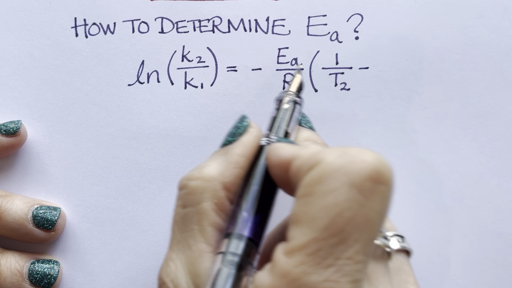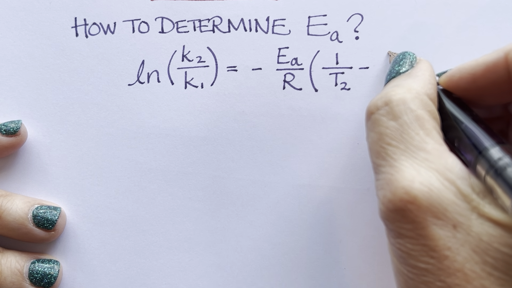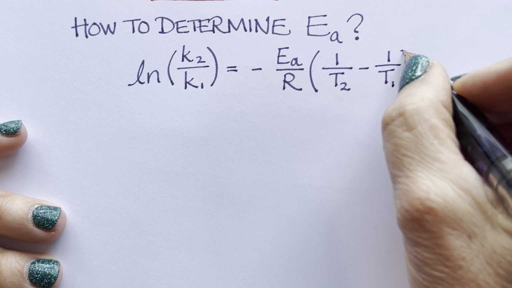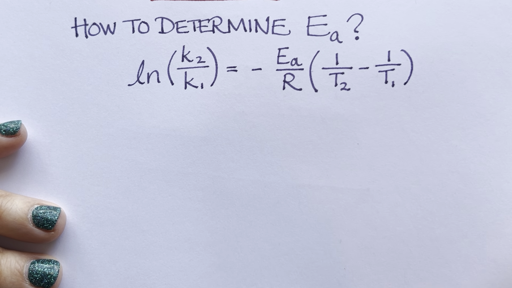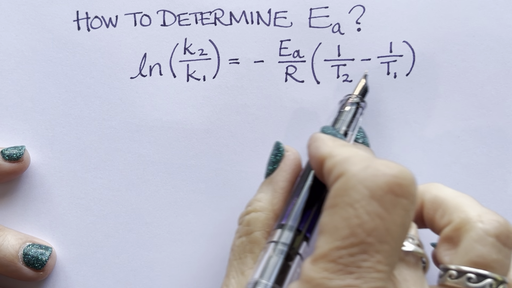This is T2 that matches what the rate constant would be, minus 1 over T1.